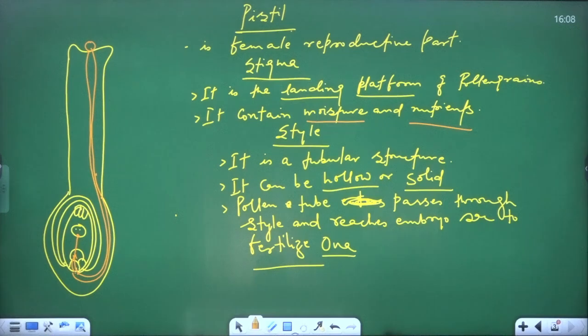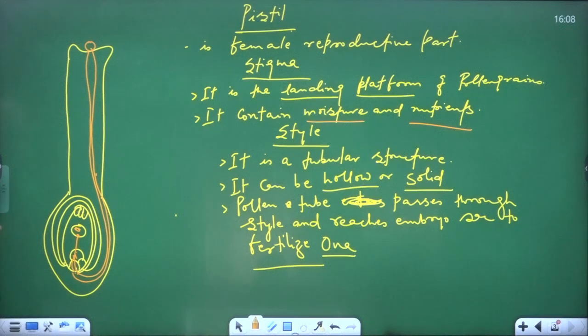At the time of fusion, these 2 nuclei come together. They form 1 nucleus, right? So when it combines with ova, it forms zygote. And when another male gamete combines with this central cell, it forms the primary endosperm nucleus.